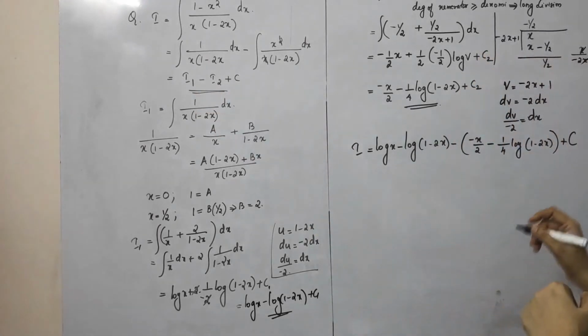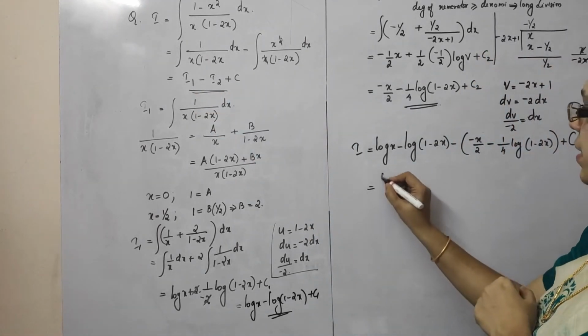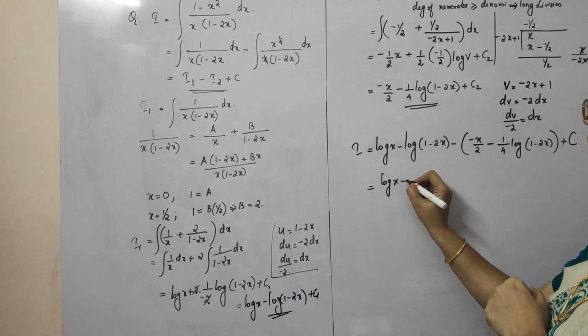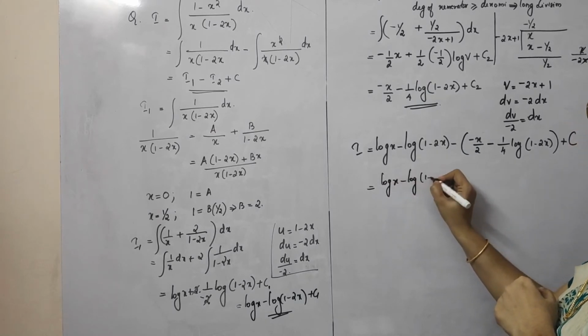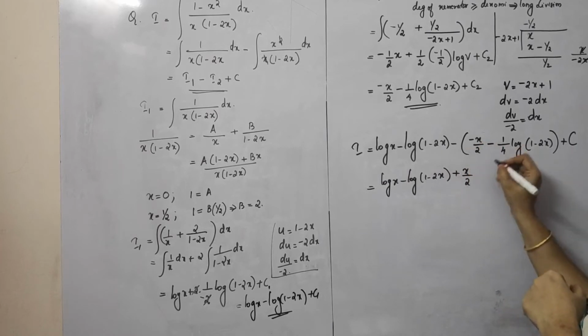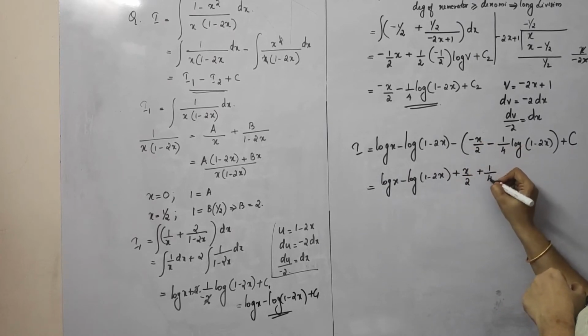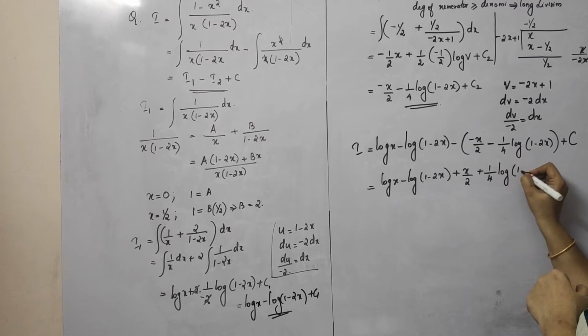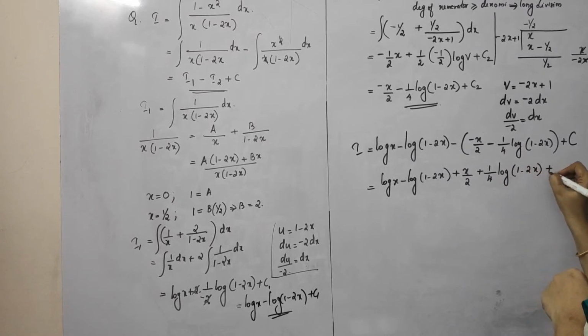So I can even write this in simplified form: log x minus log of 1 minus 2x plus x by 2, negative of negative is positive, 1 by 4 log of 1 minus 2x plus c.